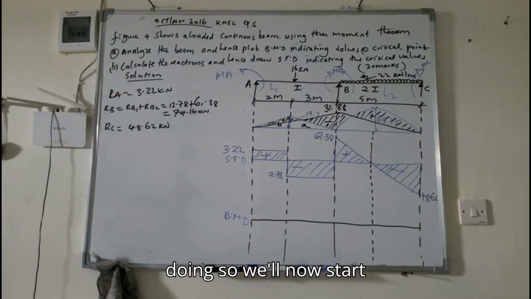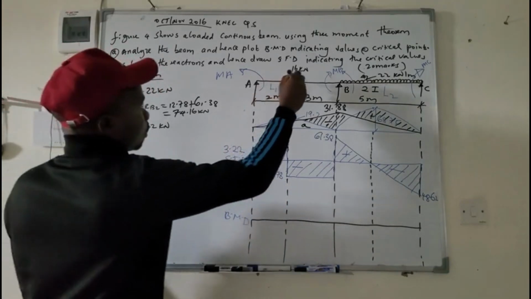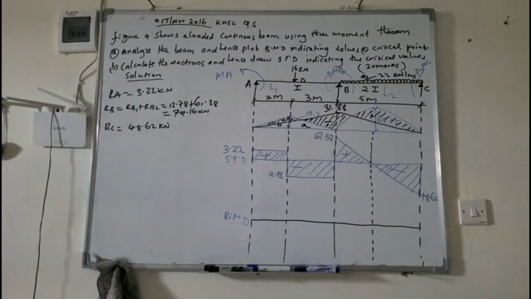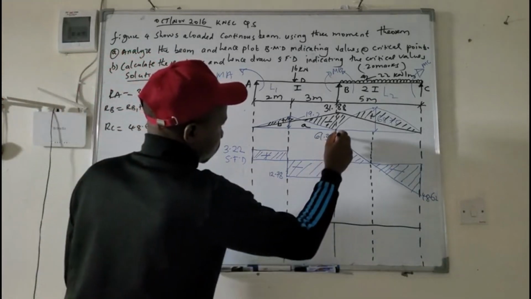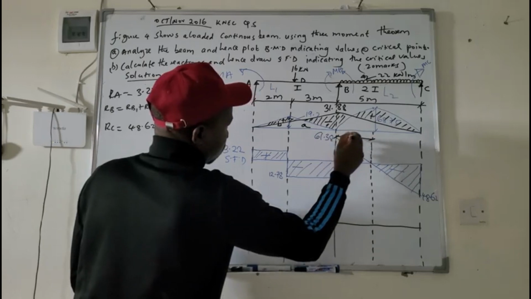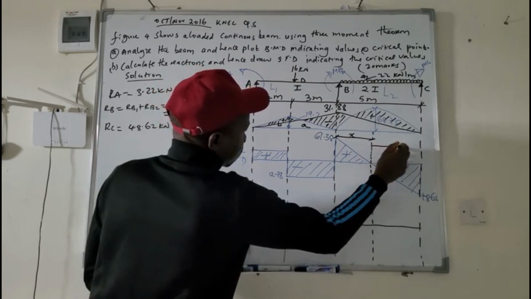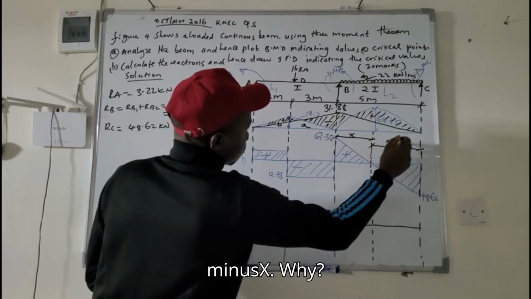And after doing so, we'll now start calculating values at respective points, like point A, point D, point B, point C. And for you to begin calculating the values, first, find this distance. Call it X. So this one will be 5 minus X.